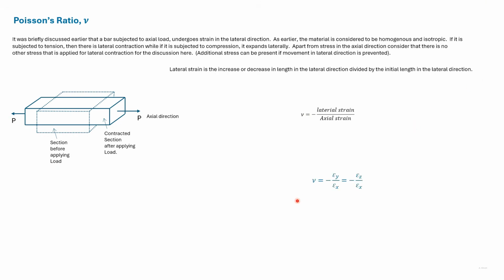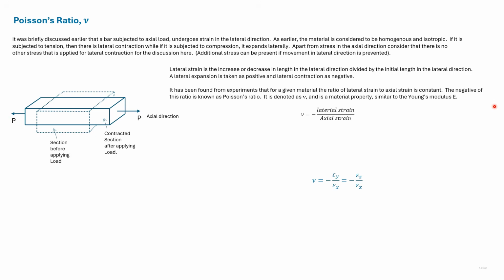So nu is given as minus epsilon y divided by epsilon x is equal to minus epsilon z divided by epsilon x, because the body, or the material of the body, is isotropic. Now the lateral strain can be given from the axial strain.